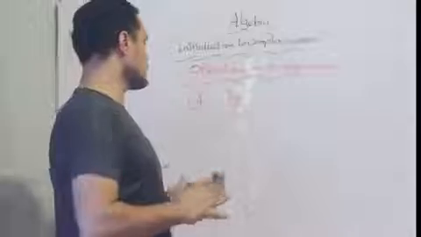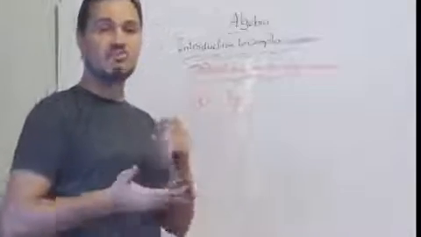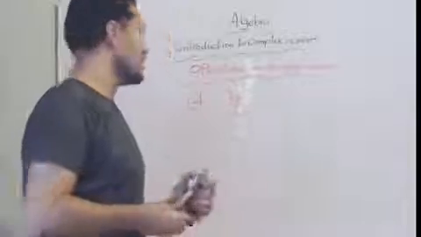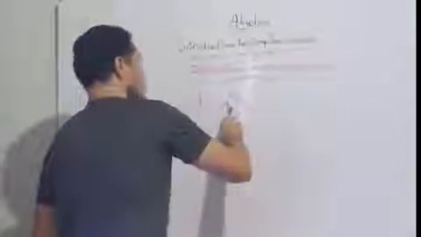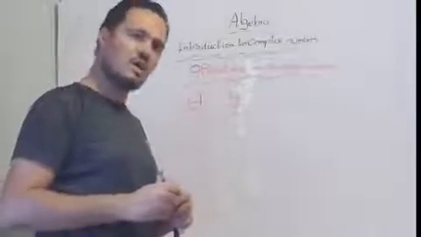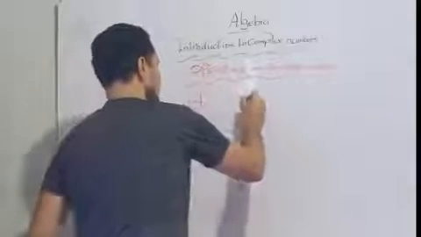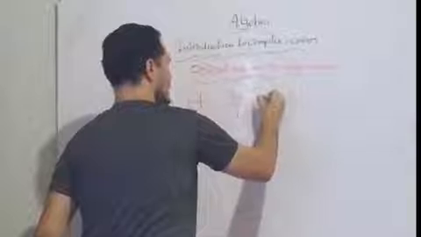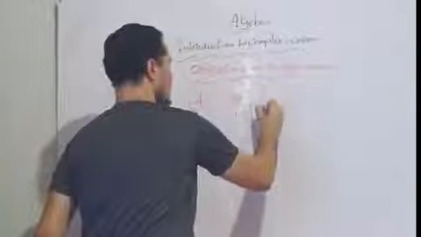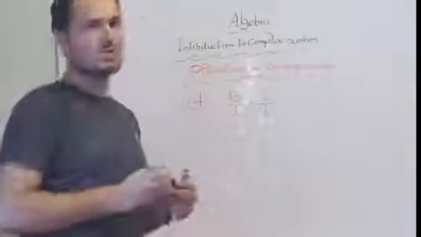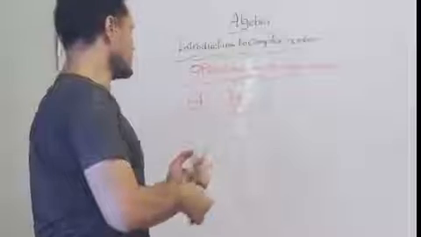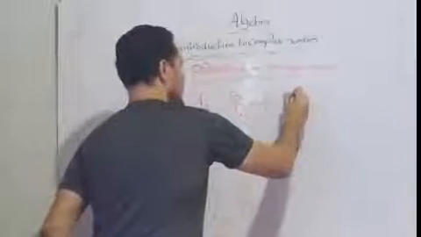If you see the denominator is imaginary, convert it into real. How can you get it? 5 over i. Let's multiply by i over i. i over i equals 1.